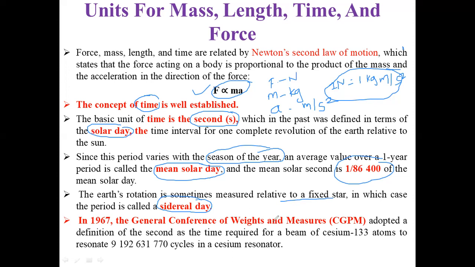So in 1967, the General Conference of Weights and Measures, abbreviated CGPM, adopted a definition of the second as the time required for a beam of cesium-133 atoms to resonate 9,192,631,770 cycles in a cesium resonator.